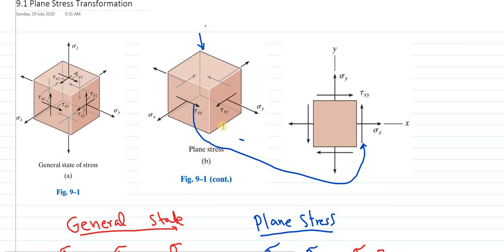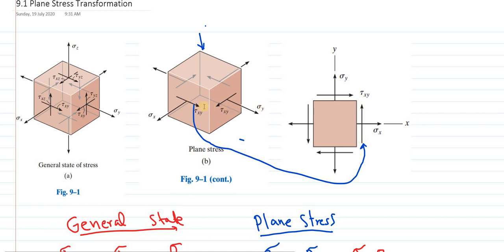So you should now see where we are standing actually. We are standing at the top. This is our right side, this is our left side, and these are the forward and backward sides. So this is tau xy.